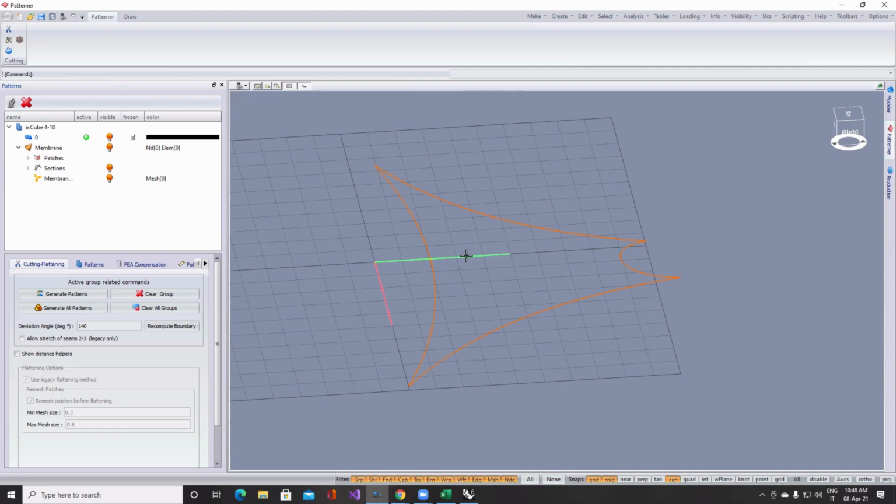Now, if we check what a developable surface means, mathematically speaking, a developable surface is a surface that has at least a constant Gaussian curvature in one direction. And this mathematical definition for a developable surface never matches a tensile structure surface.